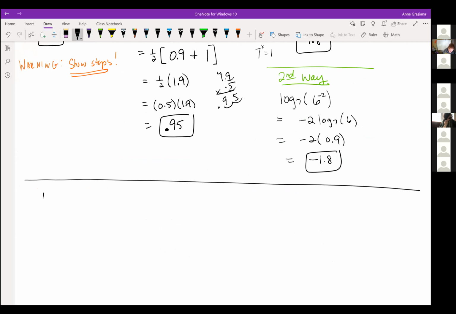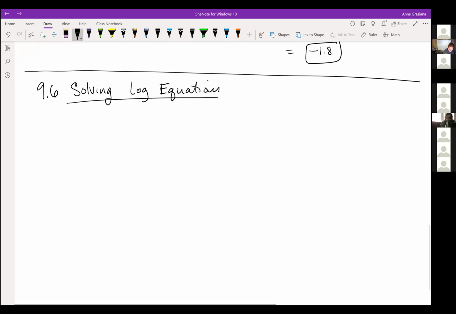All right, now we're going to do 9.6, which is solving log equations. Which we have done a little bit of, but now that we have these properties, we can do more interesting ones, okay? So here's the method to solve log equations.